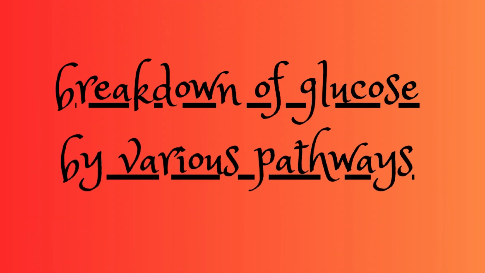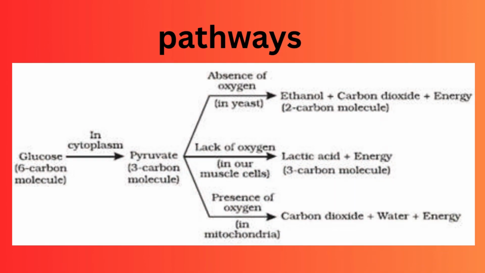Now let us learn about the breakdown of glucose by various pathways. Breakdown of glucose, a 6-carbon molecule, into a 3-carbon molecule called pyruvate takes place in the cytoplasm. Pyruvate may be converted into ethanol and carbon dioxide, which takes place in yeast during fermentation. Since the process takes place in the absence of air, it is called anaerobic respiration.